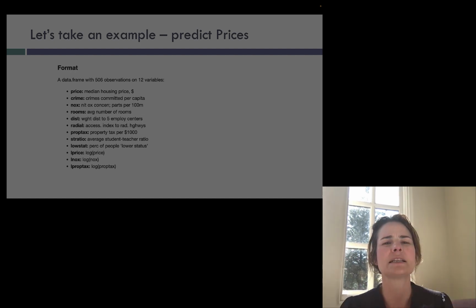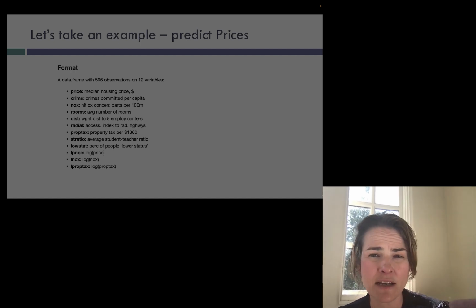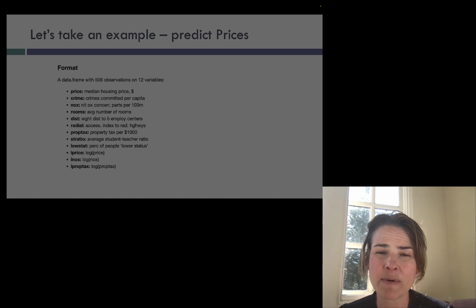So let's take a look at an example just to refresh some of these things that we've done. We're going to take a model that's about predicting housing prices, and it's going to predict it based on crime rates.